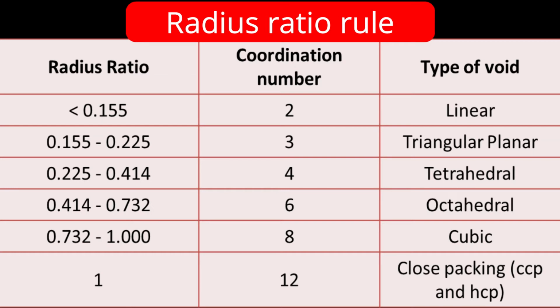Here what we will do, we will get the data for the size of cation and anion, meaning the radii of cation and anion, and we will find the ratio of them, where that ratio stands. Accordingly, we will get an idea about the void and the coordination number.